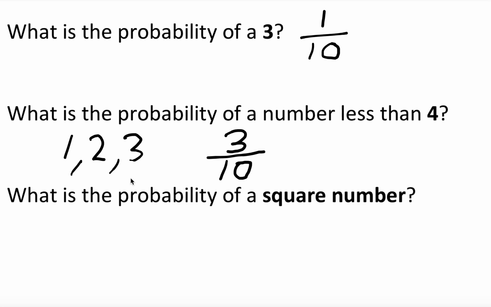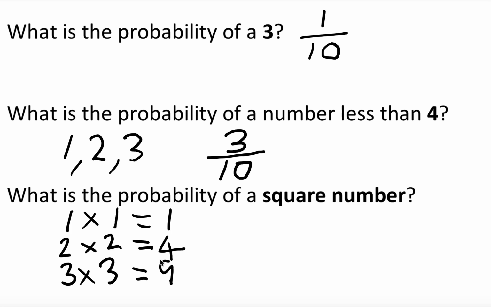So let's have a look at the squared number options. 1 times 1 equals 1, so 1 is a squared number. 2 times 2 equals 4, another squared number. 3 times 3 equals 9.